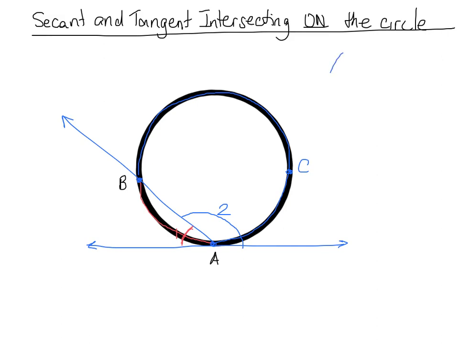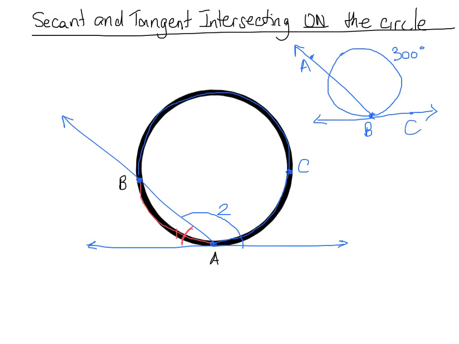I'm just going to draw it really quick here. So we have our tangent, and we have a secant. Now, if I tell you that the measure of this intercepted arc is 300 degrees, and I ask you for the measure of angle ABC, what would that be?